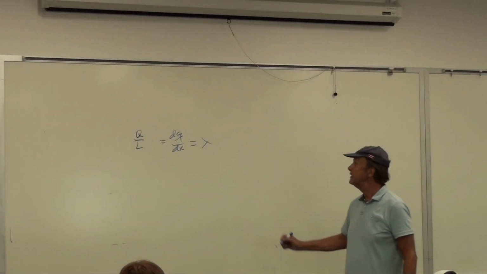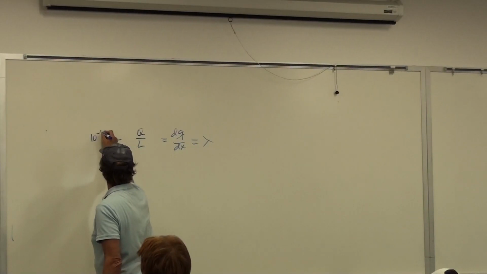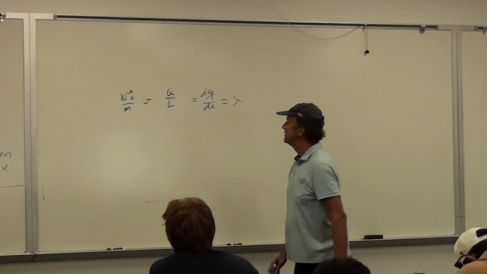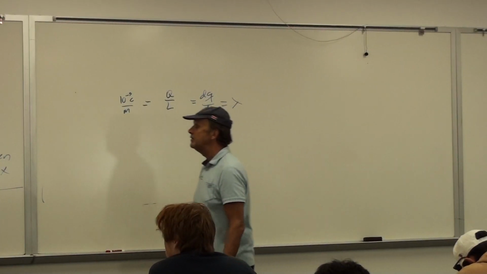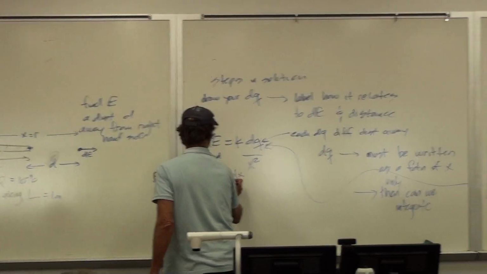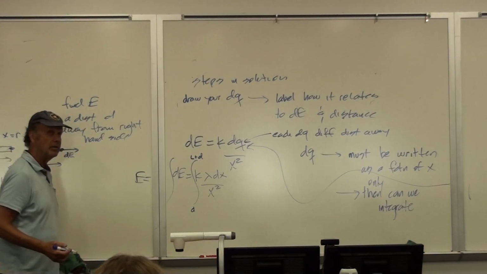And so that gives me an expression for lambda. So that's going to be 10 to the minus 5 coulombs per meter. That's my lambda. And so when I want a value for lambda, later on, I'm going to put that value in here. I'm going to leave it as lambda for the moment, though.